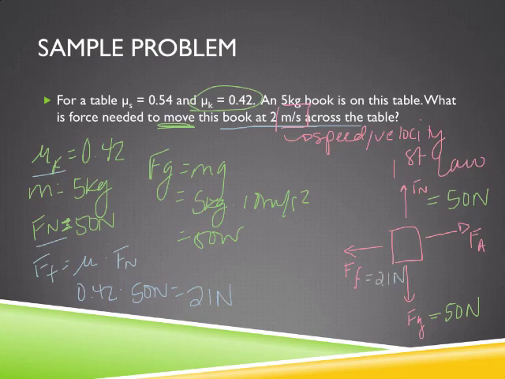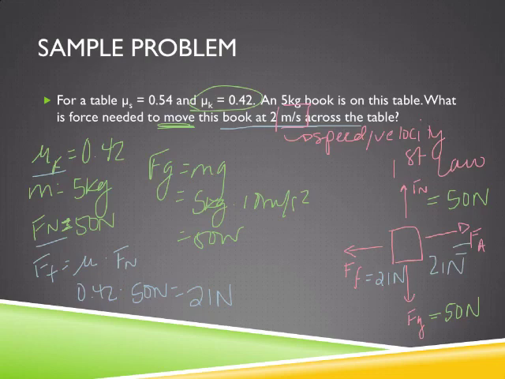And once you know force of friction, with this Newton's first law problem, you know force applied. Okay? These are not hard unless you are incredibly disorganized with how you do things.